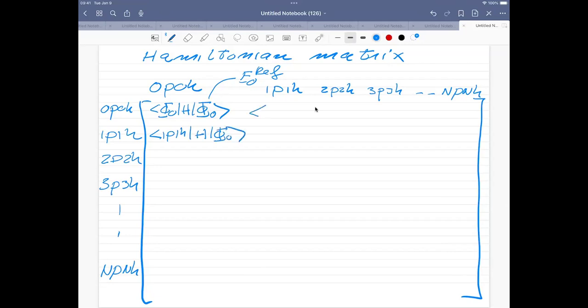Here we would have the same matrix elements, except that now we are looking at the Hermitian conjugate. So this would be phi 0, H with a 1p, 1h state. The next one will be phi 0 with a 2 particle, 2 hole state.